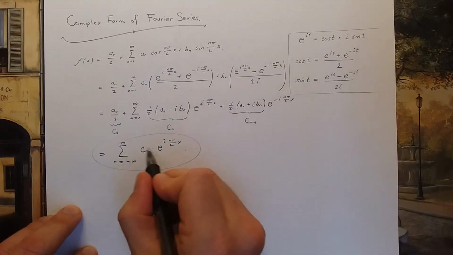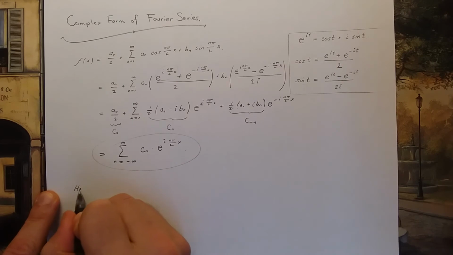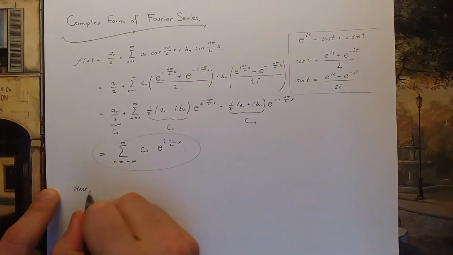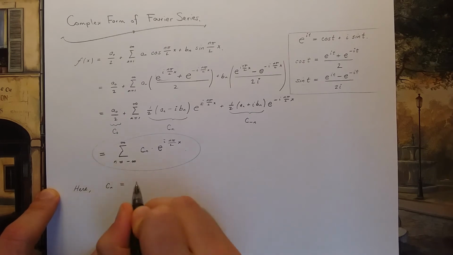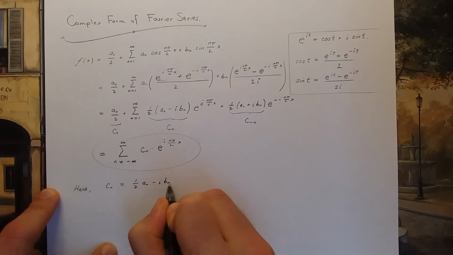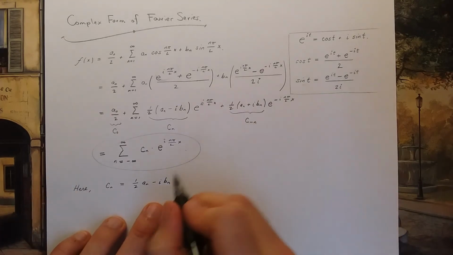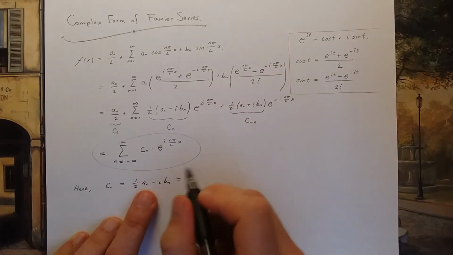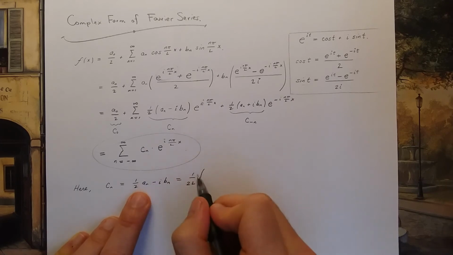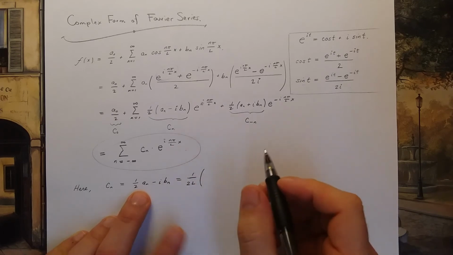So what are the coefficients? Here, the coefficients Cn are given by this expression. So Cn is 1/2 an minus i bn. Now, if you write down what an and bn are, you get 1 over 2L. an and bn both have a division by L in them.